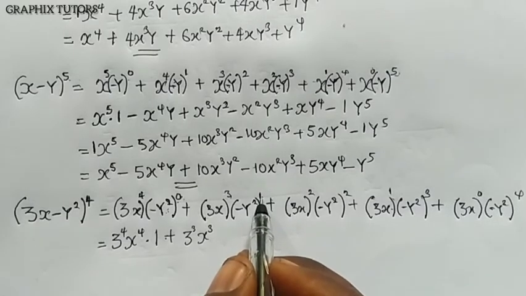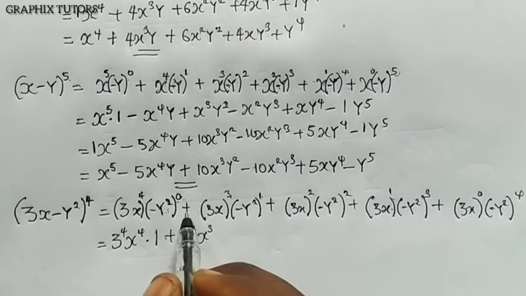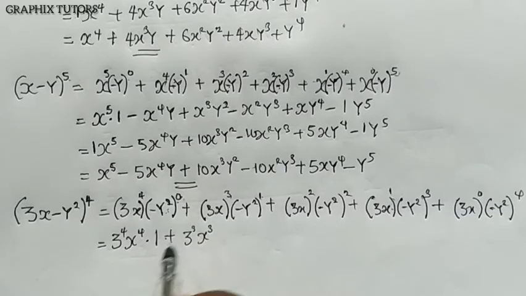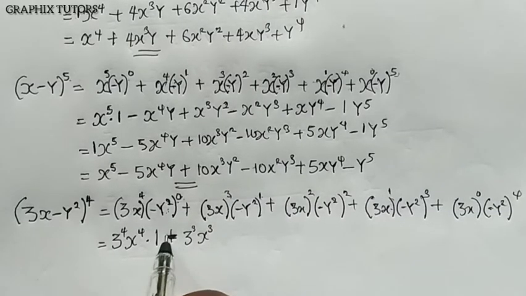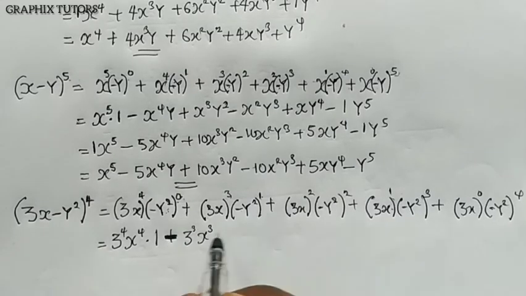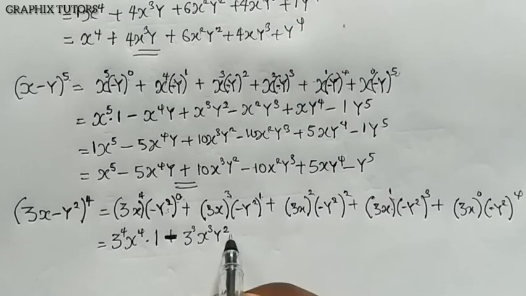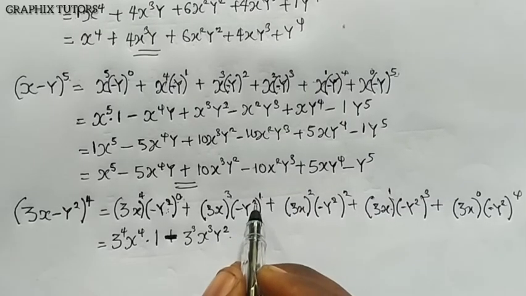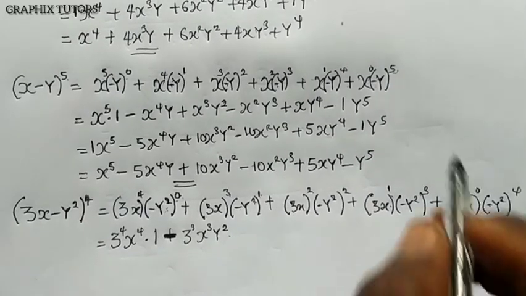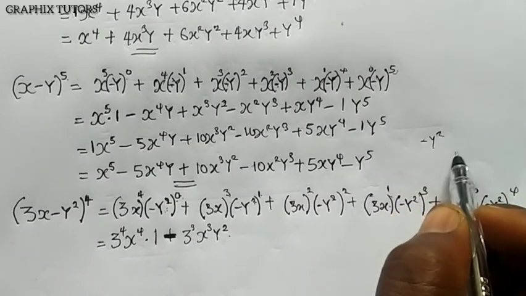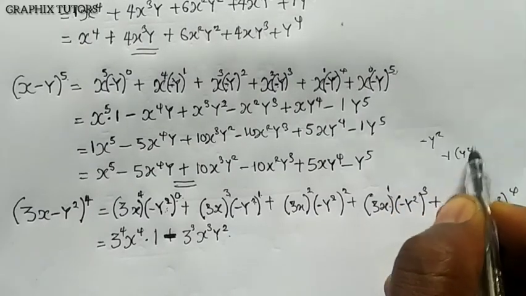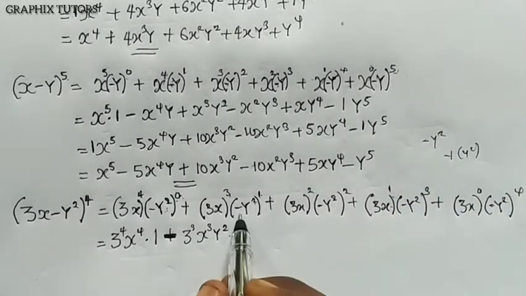And when they have any odd number, it will affect the positive sign here, so here it will become negative. Don't make that mistake. So I'll be left with y^2. Are we good? Now plus, don't make a mistake. This is minus y^2, it's like saying minus 1 times y^2. That's what it means, so it's not affecting the negative.